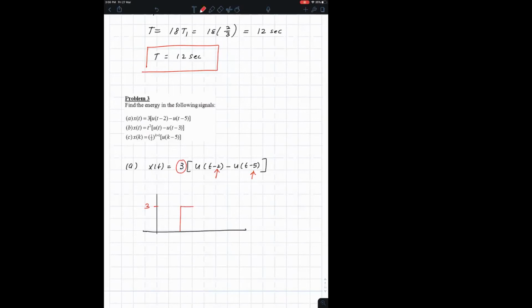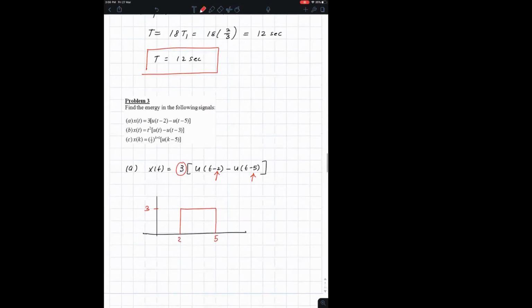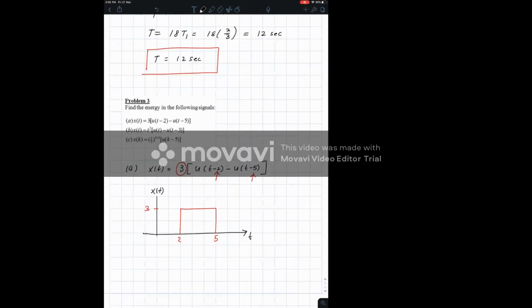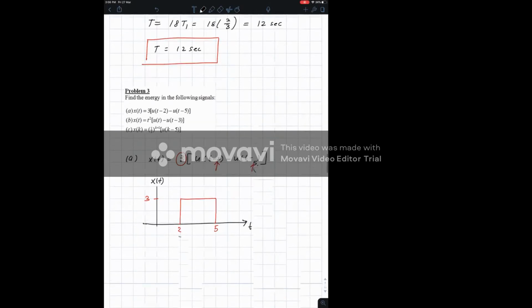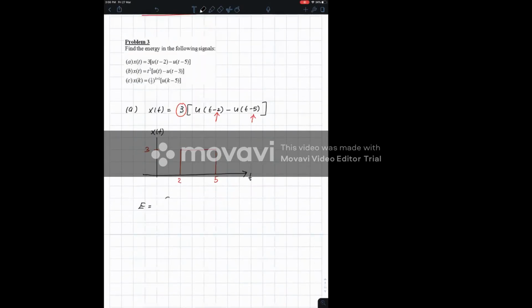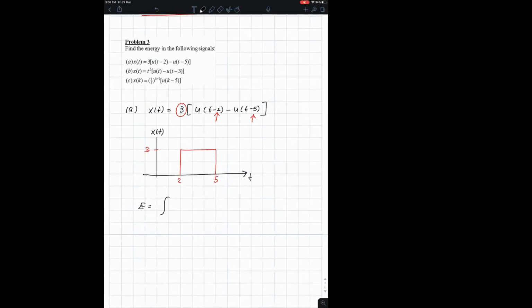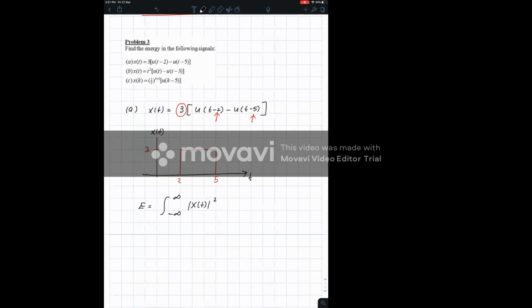Now this is the time axis, and this is the signal amplitude axis. Energy formula is very easy. Energy is the integral from minus infinity to positive infinity of the signal amplitude squared. If the signal is negative, it becomes positive because it's amplitude, and it's squared again.